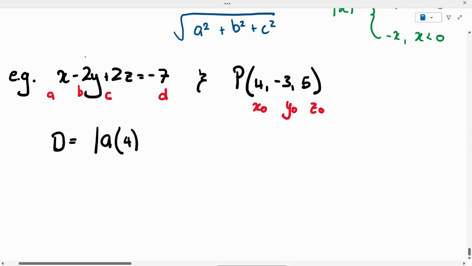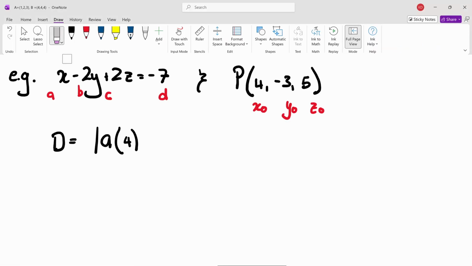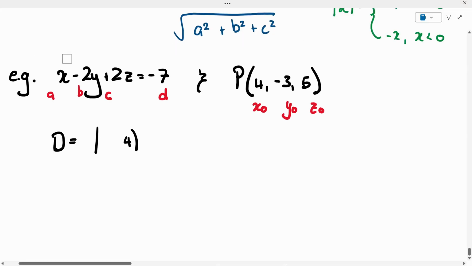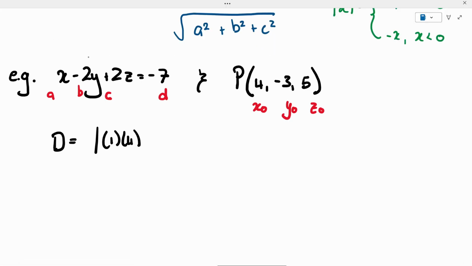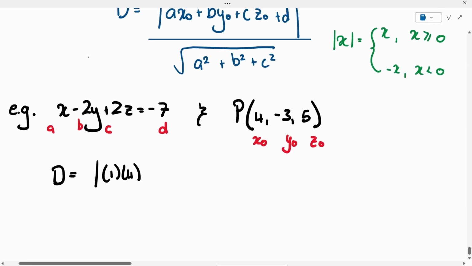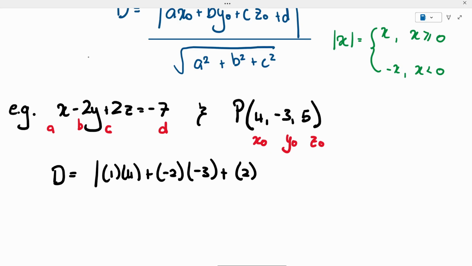So a times 4 is really 1 times 4, plus b, which is minus 2, times y0, which is minus 3, plus c, which is 2, times z0, which is 5, plus d, which is minus 7.